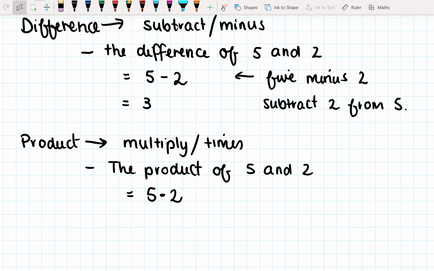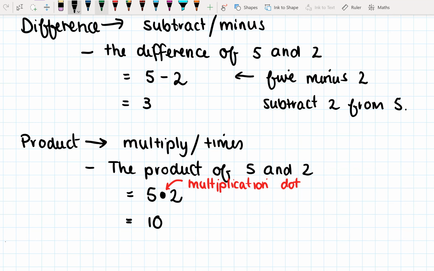And what you'll see here is that instead of using the times that you're used to, you would have usually seen it like this. Now that we're in high school, we write it with this little dot here. This is called a multiplication dot. We're going to use that in high school instead of using that multiply symbol. So we have 5 times 2, or 5 multiplied by 2, and the answer to that is therefore 10. So this is what we do when we see product.